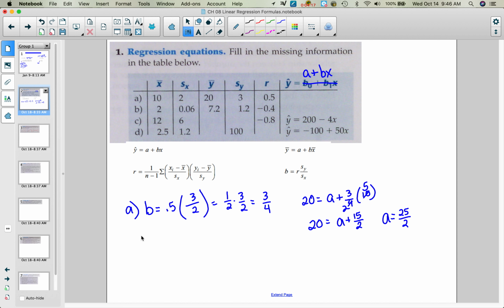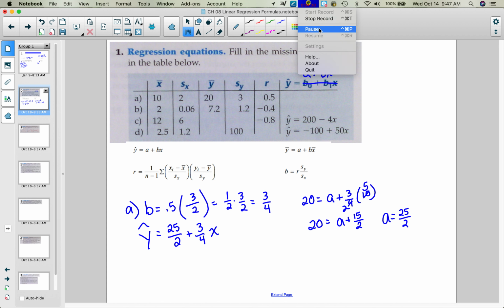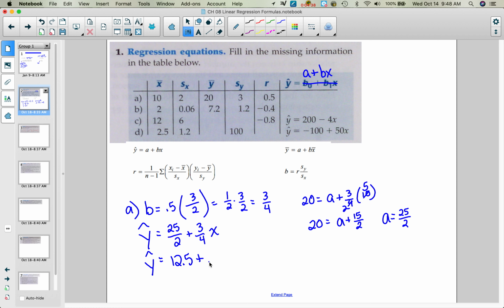Now I can build my equation, y hat equals 25/2 plus 3/4 times x. And it's also fine, you can use your calculator and just have y hat equals 12.5 plus 0.75x. I mean, you might see it that way anyway.